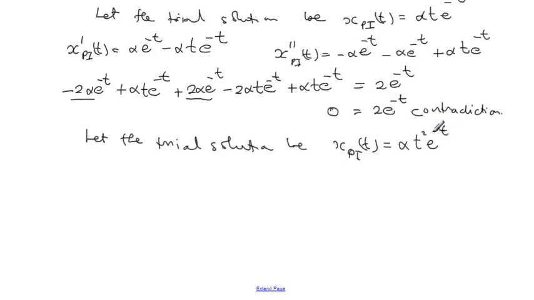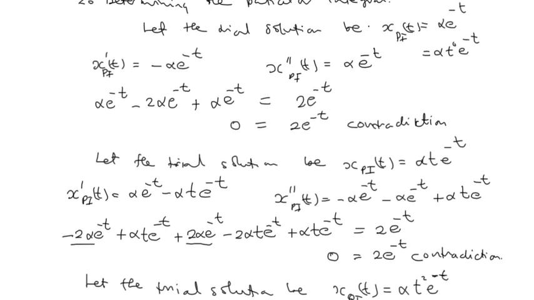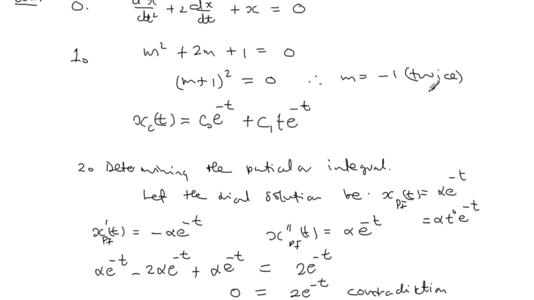And I would like to highlight the fact that our alpha t squared here and the root minus 1 was also repeated twice. And then let's see what's going to happen.